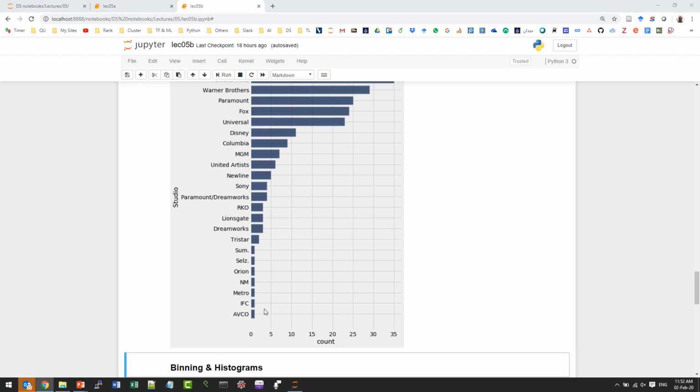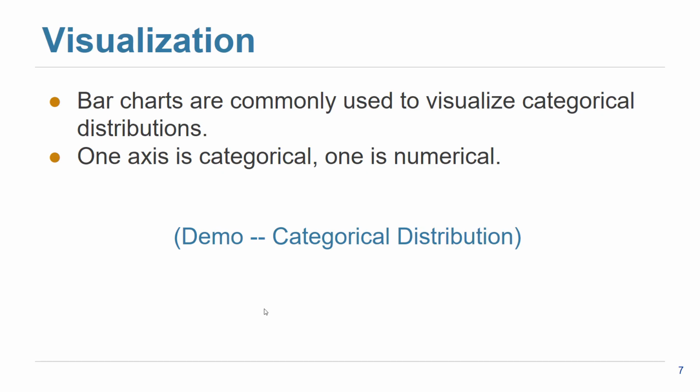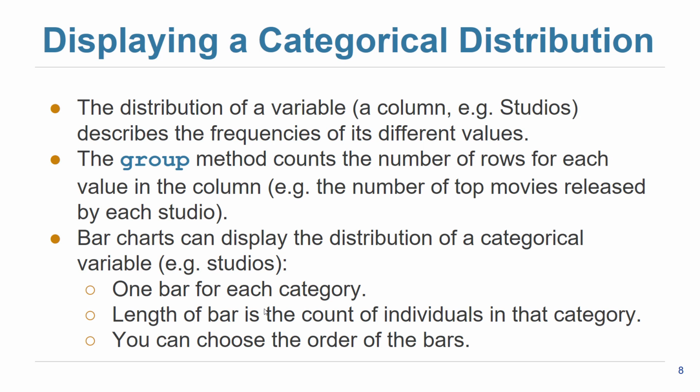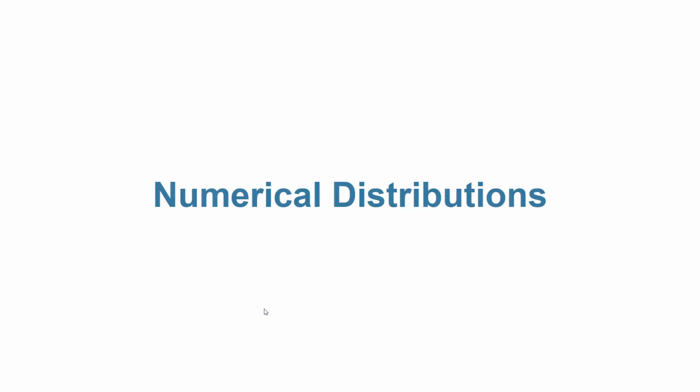Next time, we will talk about numerical distributions. Here we talked about distributions of a categorical variable, where we count the number of appearances of each individual value.